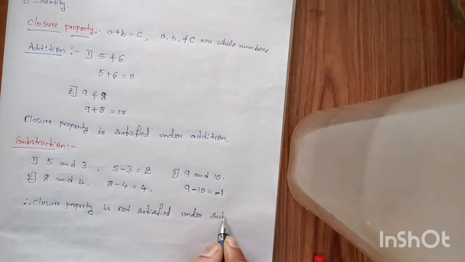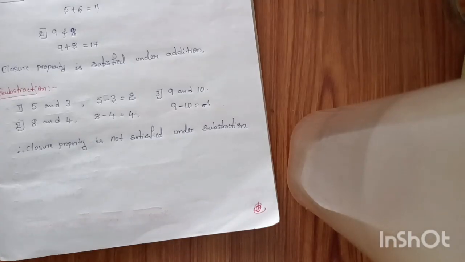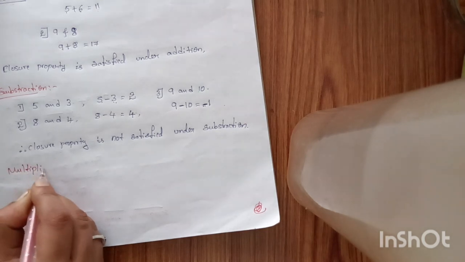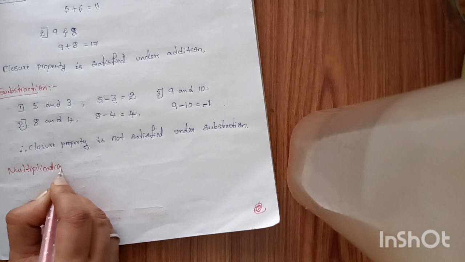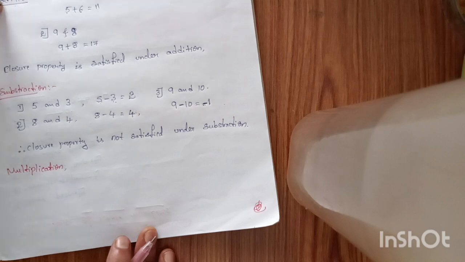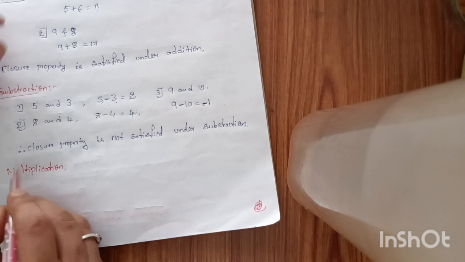Got it? Next, multiplication. Closure property in whole numbers is satisfied in addition, but not in subtraction. Let's see if it is satisfied in multiplication or not.